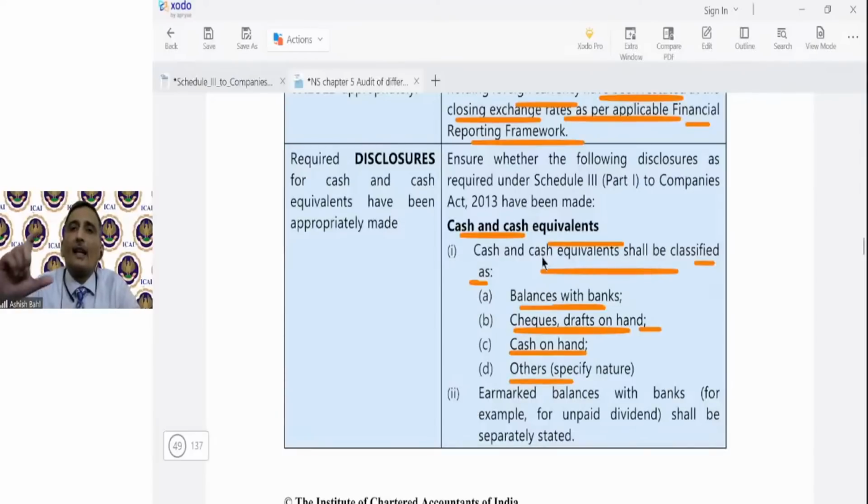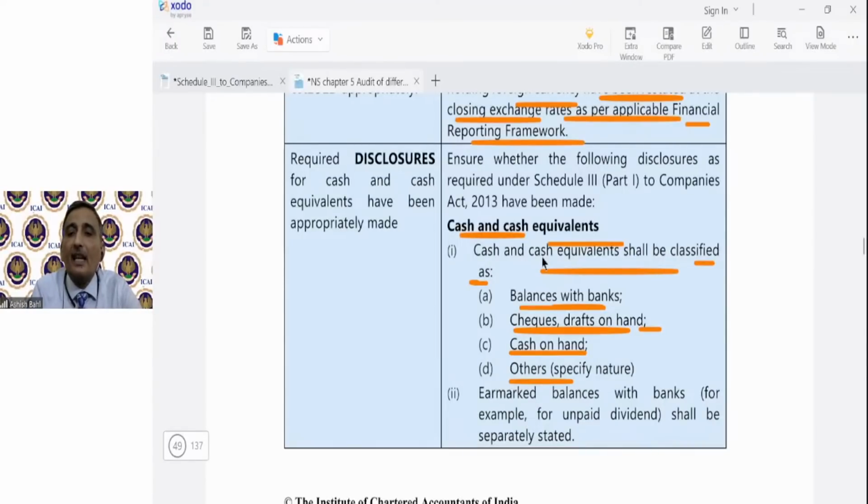So cash and cash equivalents have to be broken down into these things. Bank balances have to be disclosed separately, and cash on hand is also to be disclosed separately apart from checks in hand. Okay.